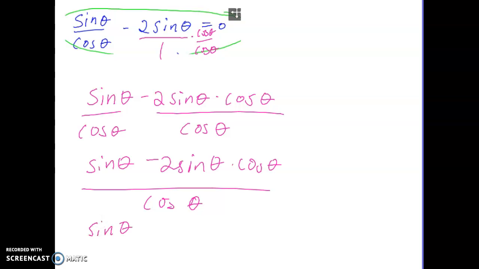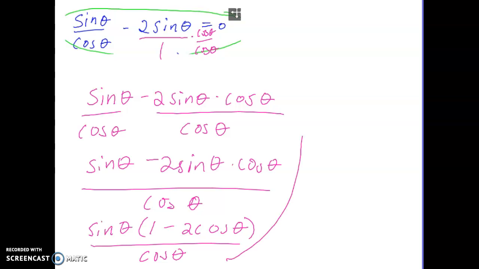So sine of theta times 1 minus 2 cosine of theta, and that's over cosine of theta. Just factor out a sine out of each of the two terms. Well, now it looks like I'm going to end up with tangent of theta times 1 minus 2 cosine of theta.